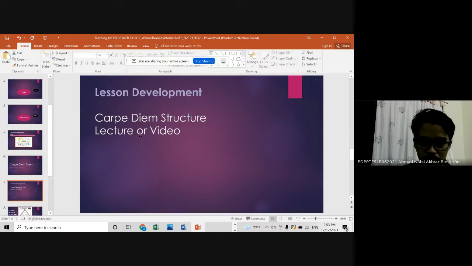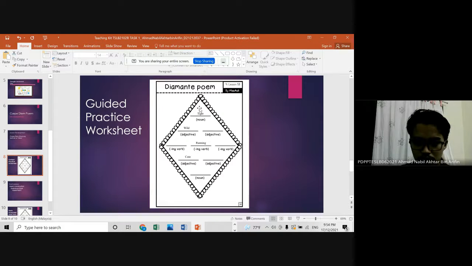So you lecture the students on how to create the Carpe Diem poem. As we can see in this worksheet, the levels consist of the noun at the top, the adjective at the second level, the ing verb at the third level, the adjective again, and lastly the noun.